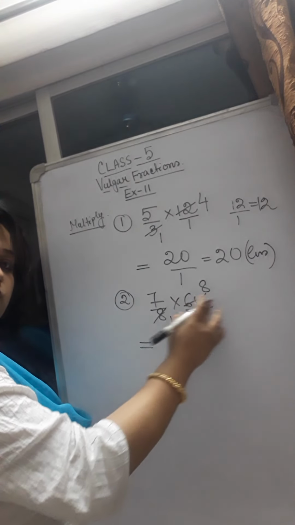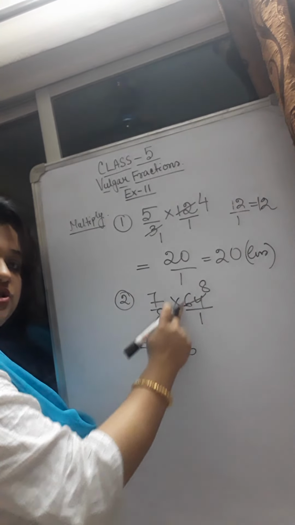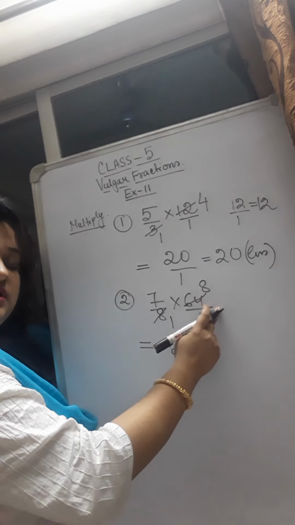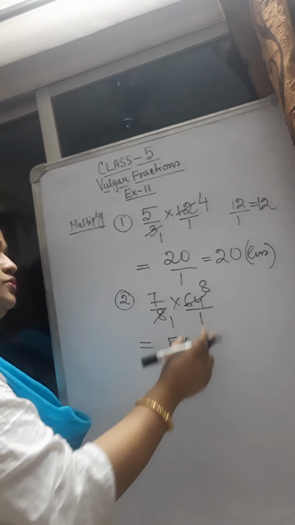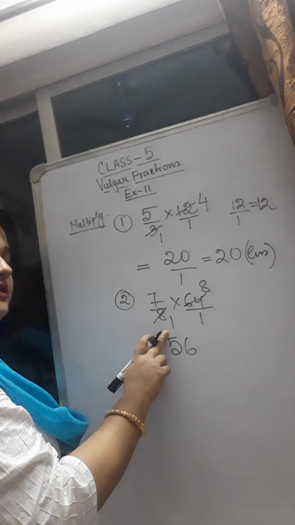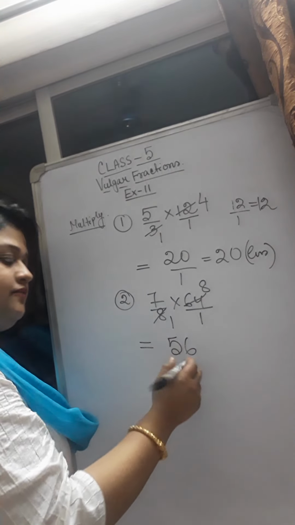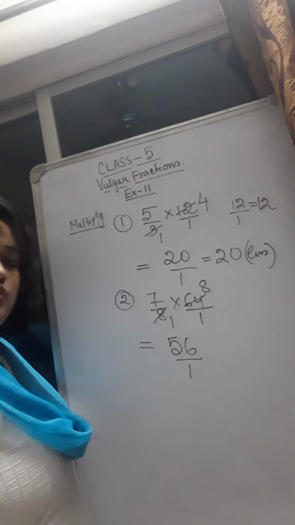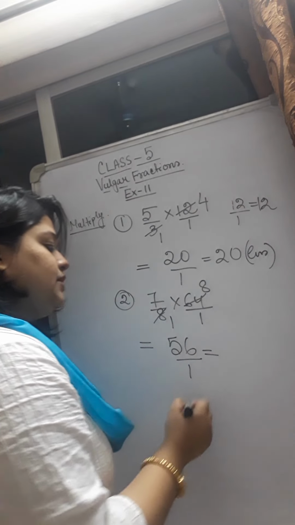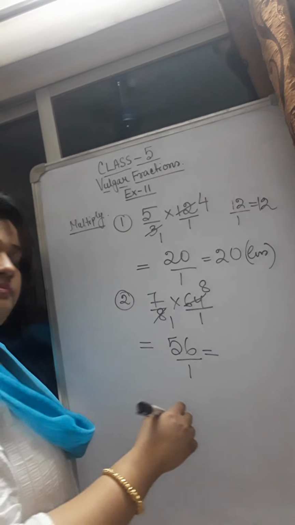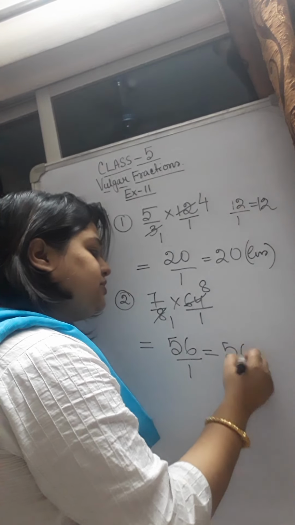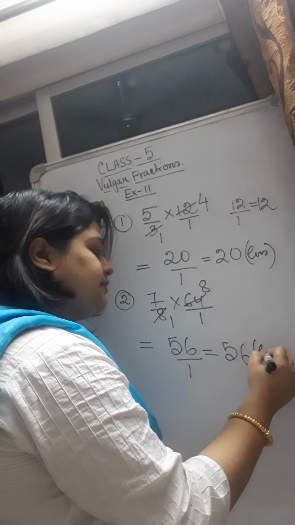Whatever is present in the numerator after cancellation, you multiply them. Similarly, in the denominator, both the fractions have 1. If you multiply, it gives you 1. So 56 by 1 means the number itself. So 56 is the answer.